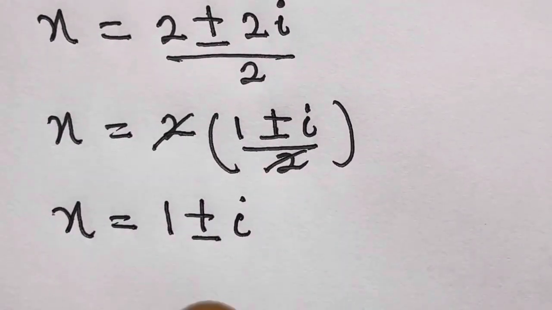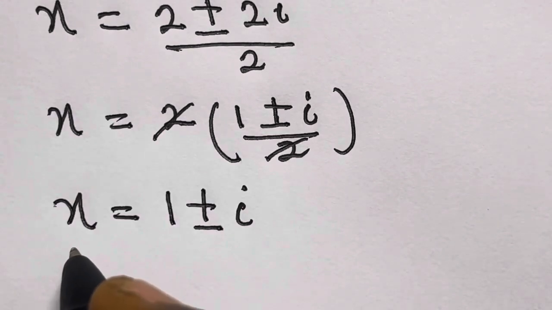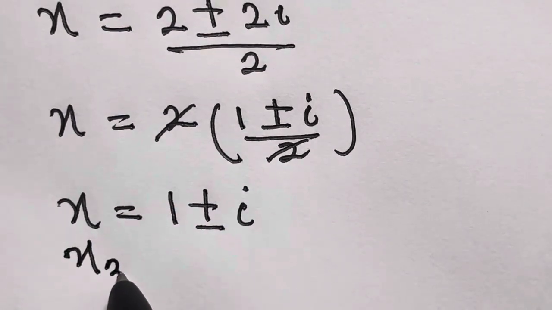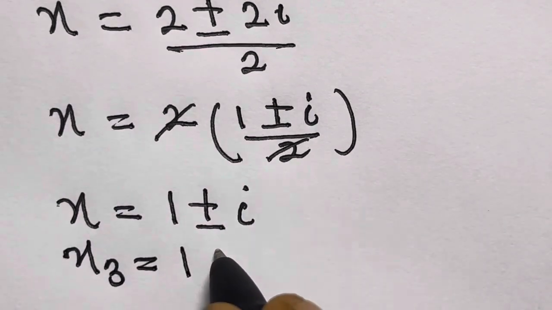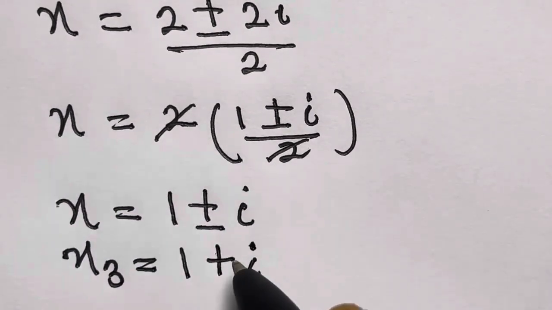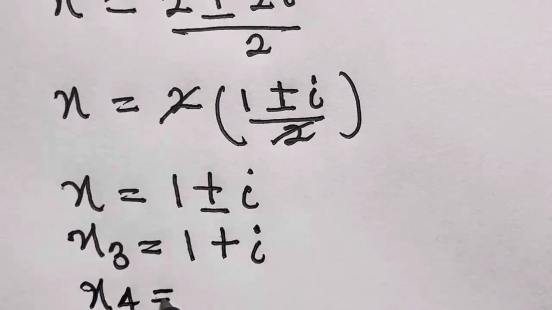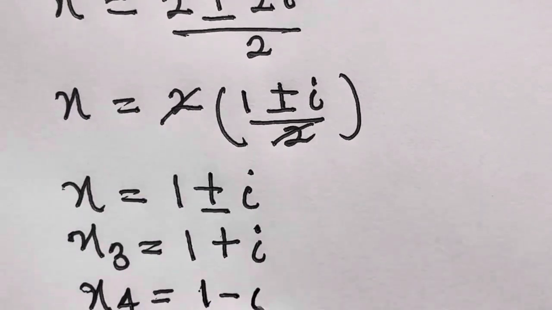So here you can declare that while we have gotten our x1 and x2, you can declare this as x3 equals 1 plus i, and x4 equals 1 minus i.